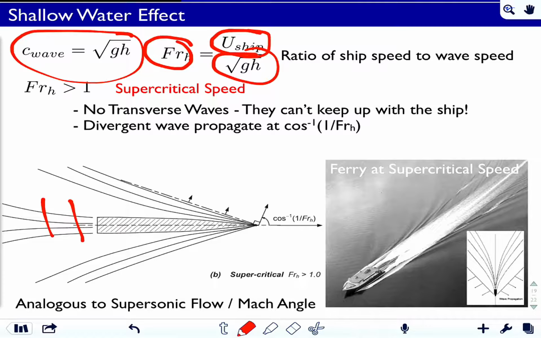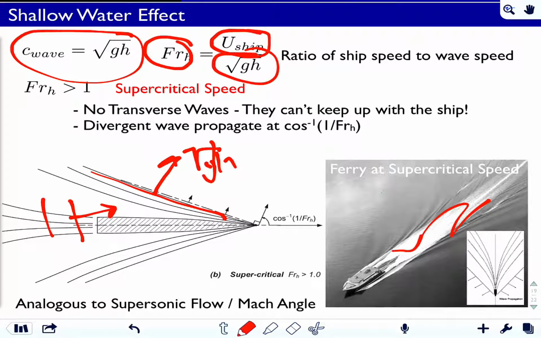They're trying to move at U ship, but they can only move at root gH, and if U ship is greater than root gH, they cannot stay with you, and you have no transverse waves. You still can make divergent waves because you have the speed of propagation of this front. This can move at root gH, but it will be at an angle relative to the boat.